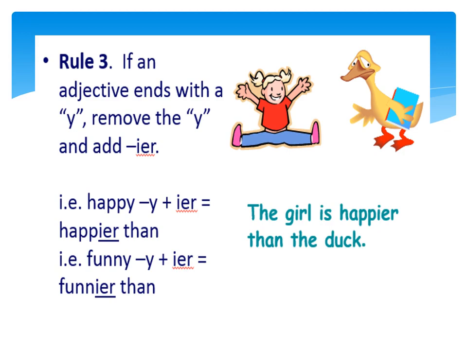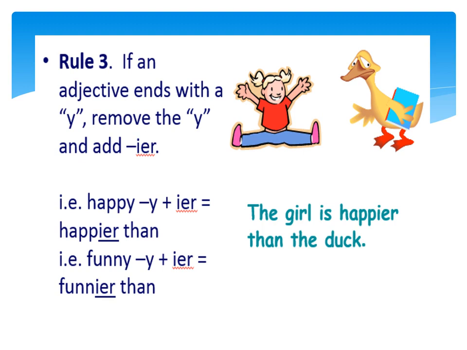In rule number three, we have adjectives that are short but finish in the letter Y. So in these cases, we have to change the letter Y to these three letters, IER. So we say happy, the comparative is happier. Funny, the comparative is funnier, changing the last letter.